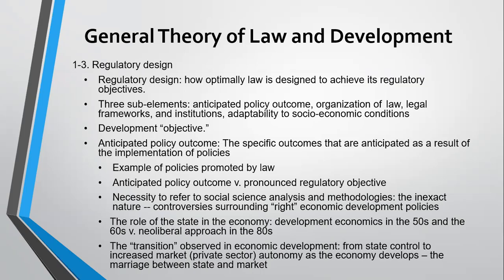But beginning in the mid to late 1980s, these countries started to liberalize the economy and gave more autonomy to the private sector and reduced state control, again resulting in continuing economic development.